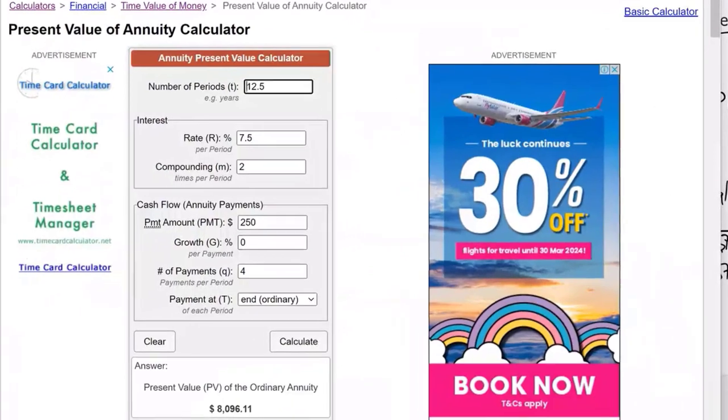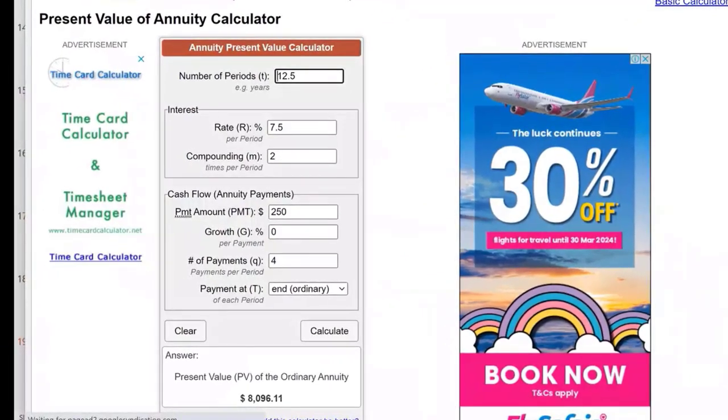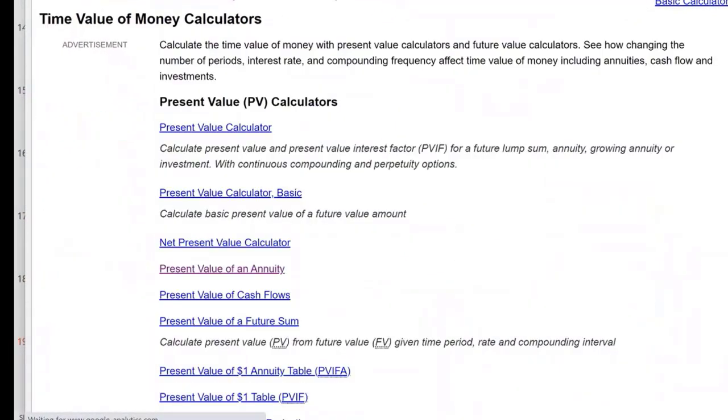Thank you for that. I found this Calculator Soup when I was stranded with calculators, guys. I did not have a financial calculator because I am not a financial person. I'm a mathematician. I needed it.